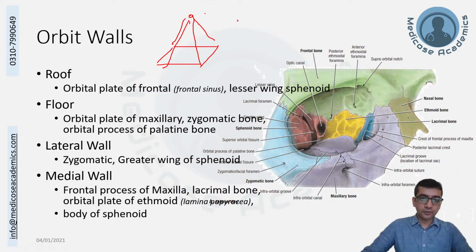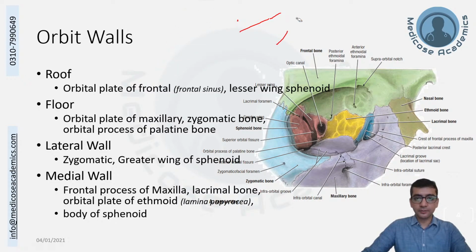So if we tip it over like this, it will be something like this. So this is how the orbit is. This is the opening of the orbit and we look inside to the base.